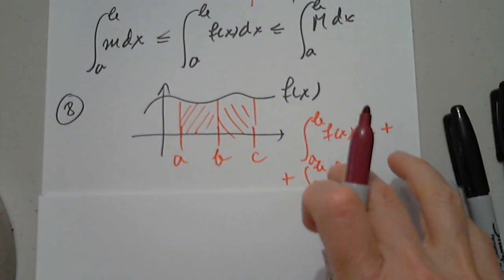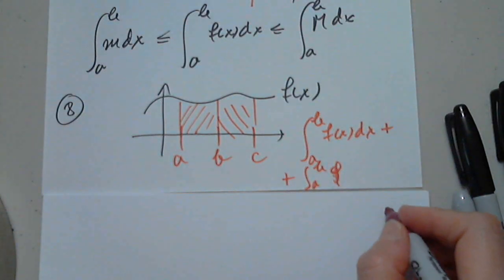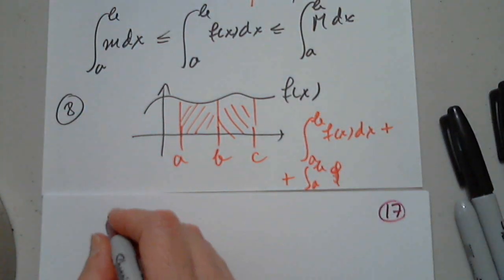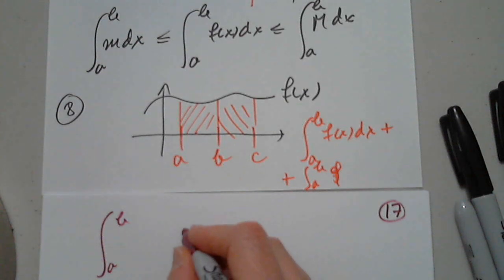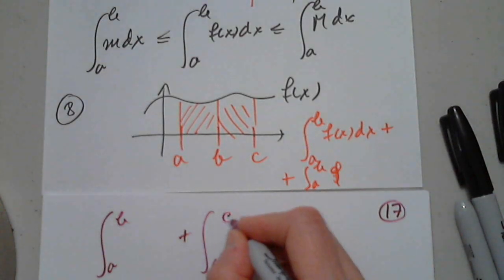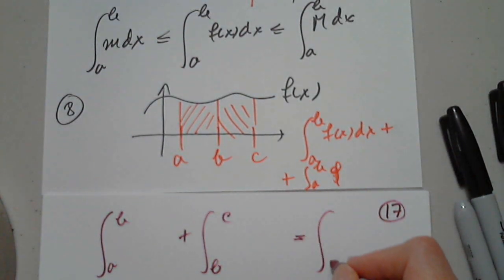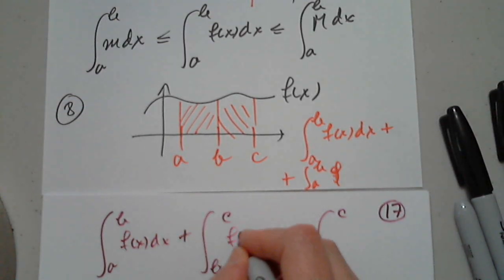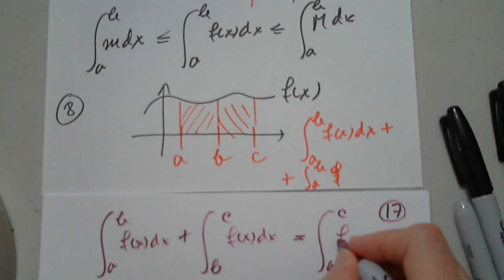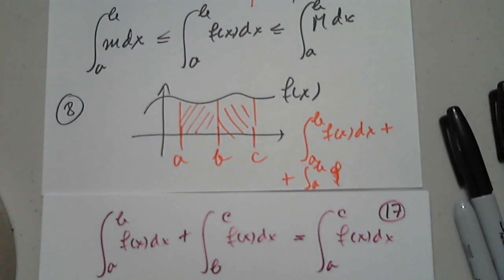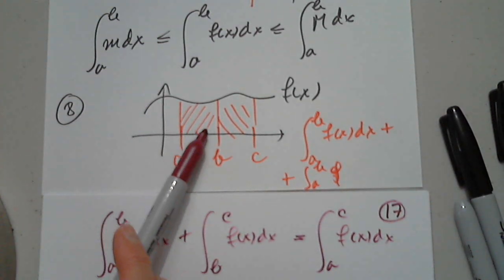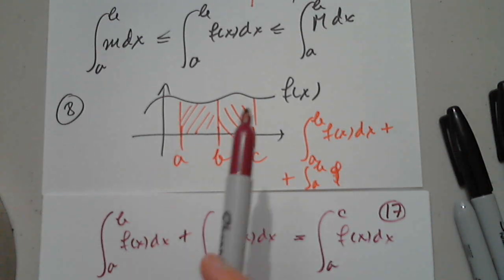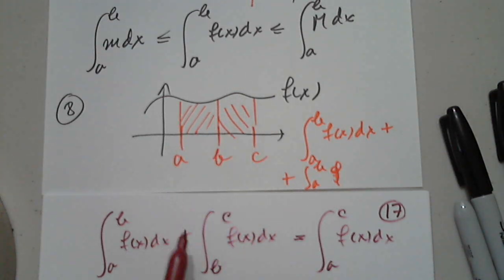So what I wanted you to realize is that the integral from a to b plus the integral from b to c is the same as the integral from a to c of f of x dx. So this piece, which is this area, plus this piece, which is this area, is the same as the area from a to c, and vice versa.